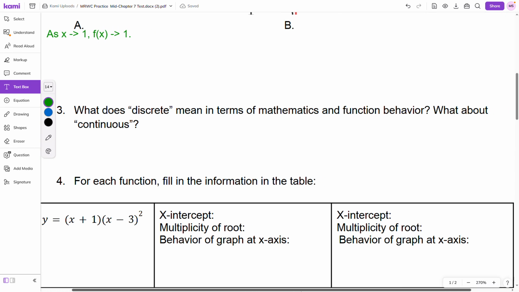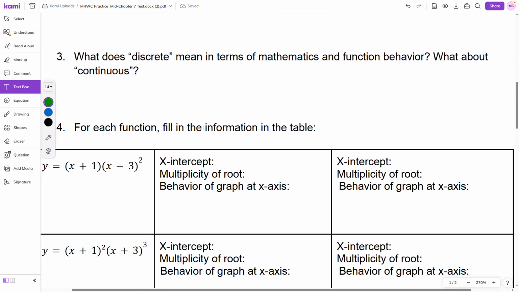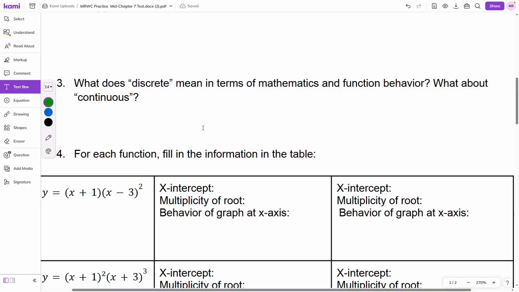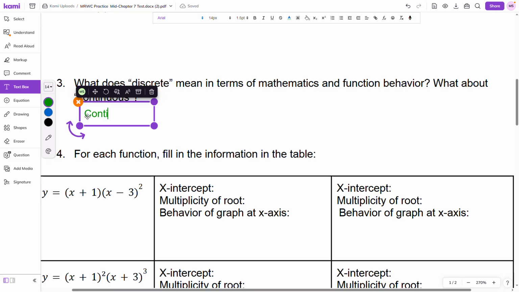What does discrete mean in terms of mathematics and function behavior? What about continuous? Okay. Do you want to share your definition? Okay. Continuous. You said continuous means it keeps on going forever.